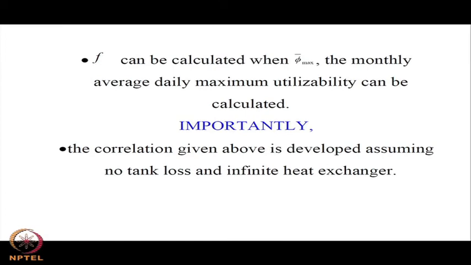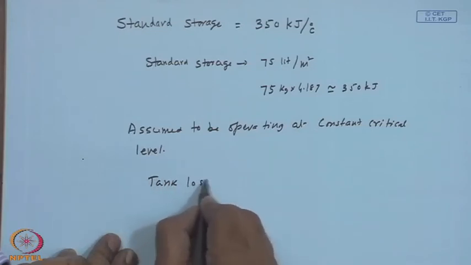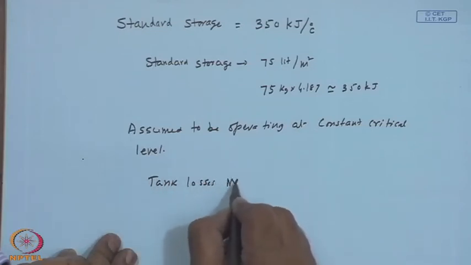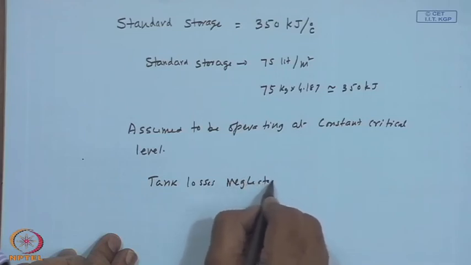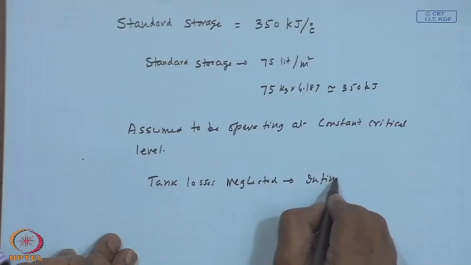Only a correction for the size of the heat exchanger was there, because it was explicitly developed for different values of epsilon C minimum by U_A_H, whereas in this case as such, tank losses are neglected and an infinite heat exchanger is assumed.